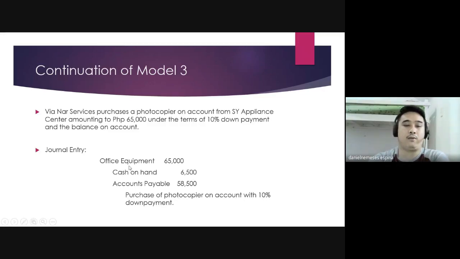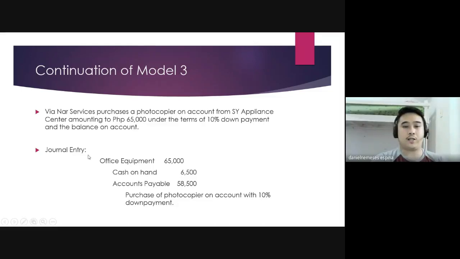So you can have explanation niya, purchase of photocopier on account with 10% down payment. Okay, so dili kailangan taason ang explanation diha, as long as masabtan. So notice also nga aligned ang ilang account titles ug amounts sa mga credit entries. But of course, they are not aligned with the debit.